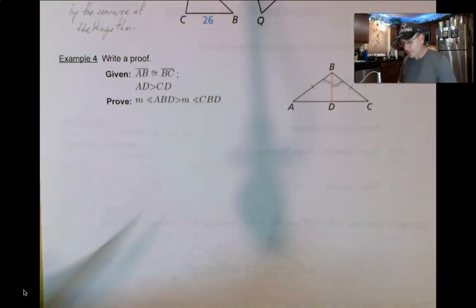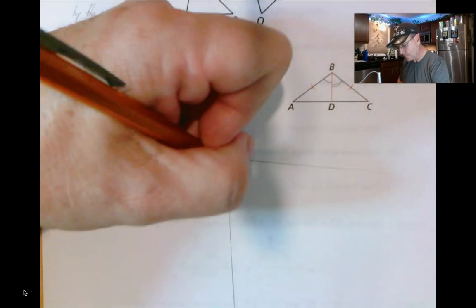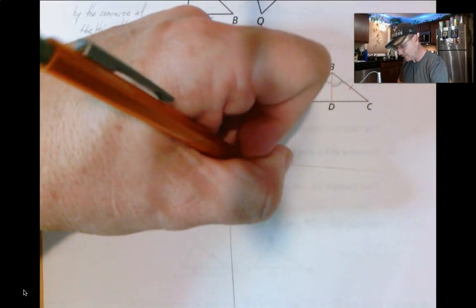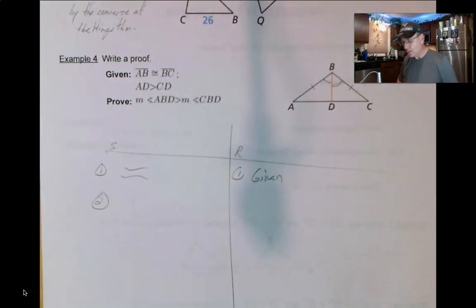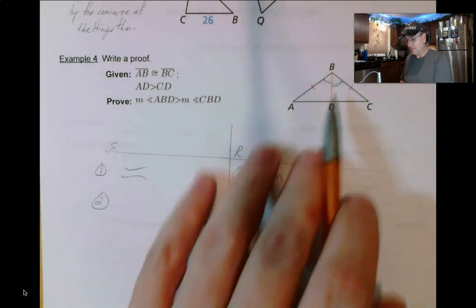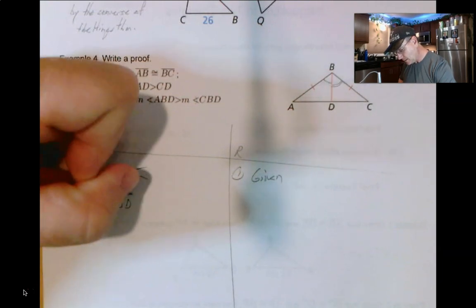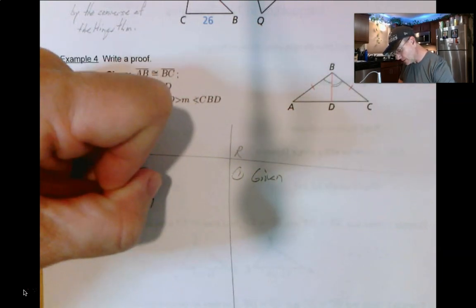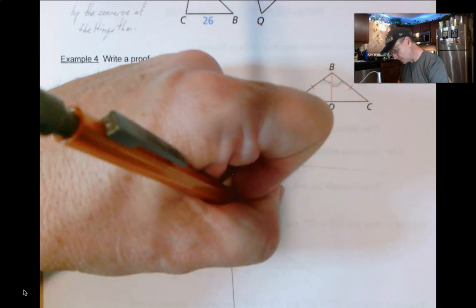Okay, so statements and reasons. Statement 1, rewrite the given information. Statement 2, what else do we know in this diagram that we haven't marked up? What other conclusions can we make? Well, we know BD is congruent to itself. BD congruent to BD. Reflexive property.